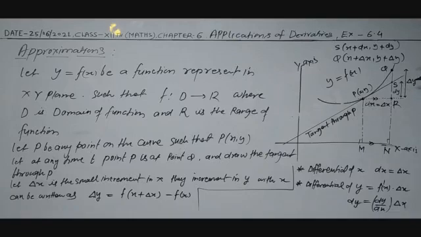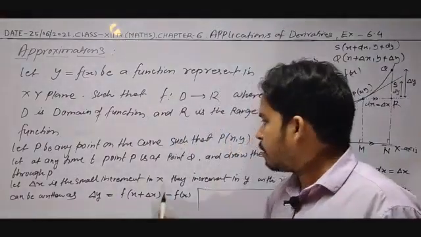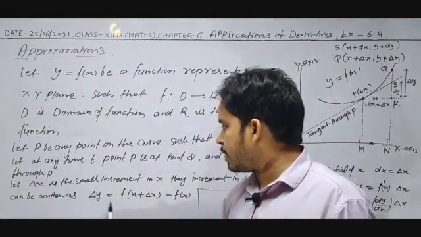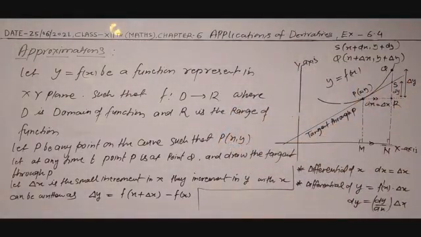From the figure, when you see a small change in y, the increment in y with respect to x can be written as del y is equal to f(x plus del x) minus f(x), and when you divide by del x you get the result.